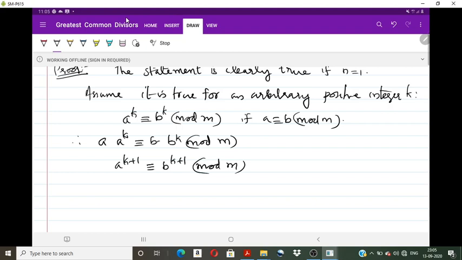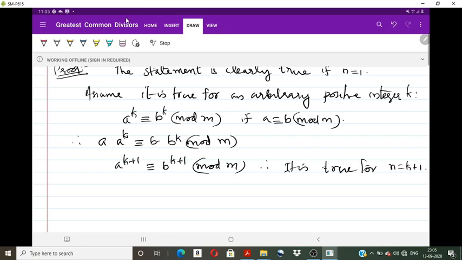So if we assume that the statement is true for n equal to k, we have proved that the result is true for n equal to k plus 1.